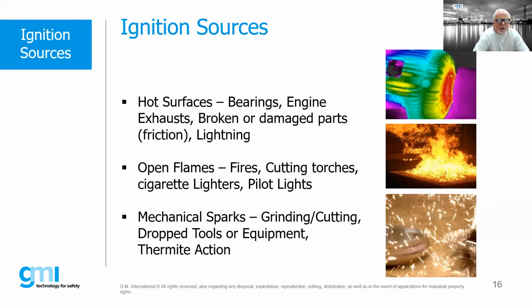But things like even dropped tools or equipment, you can actually get a thermite action. So you have to understand what materials the equipment is made of that we're building our EX equipment out of.